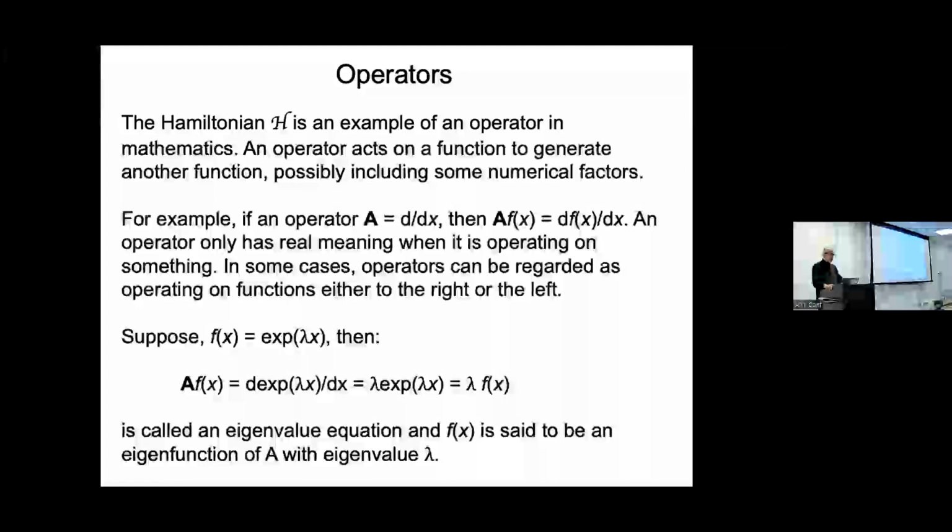Depending on the math classes that you've taken, you might not have ever heard of an operator before. So an operator is something that acts on a function to give a new function. Hopefully if you took algebra, you're all familiar with functions. A function is something that acts on a number to give another number. So squaring, right, is a function that acts on a number and gives you a new number, the square of x.